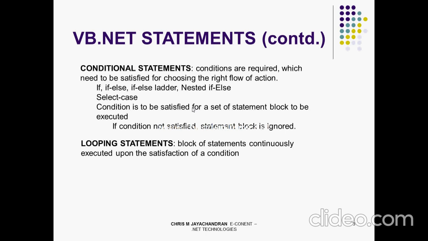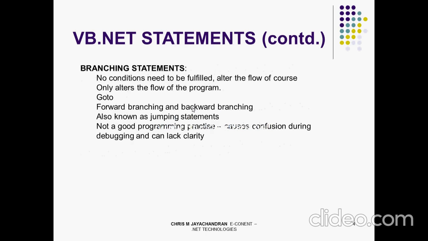If the condition is not satisfied, that particular block of statements is skipped. That's what we typically know. So is the case with looping statements. We have a block of statements that gets repeatedly executed so long as a predefined condition is met. But when you're talking about branching statements, they would simply alter the flow of execution whether or not a particular condition is being met.